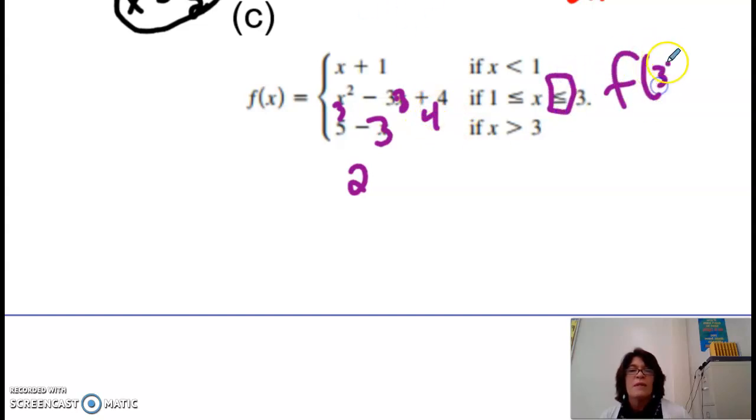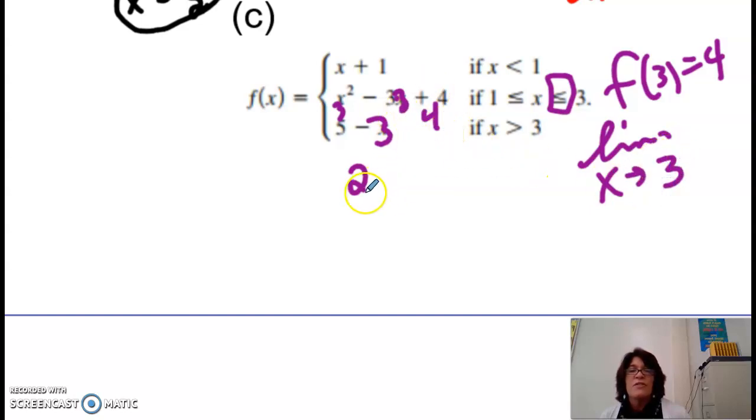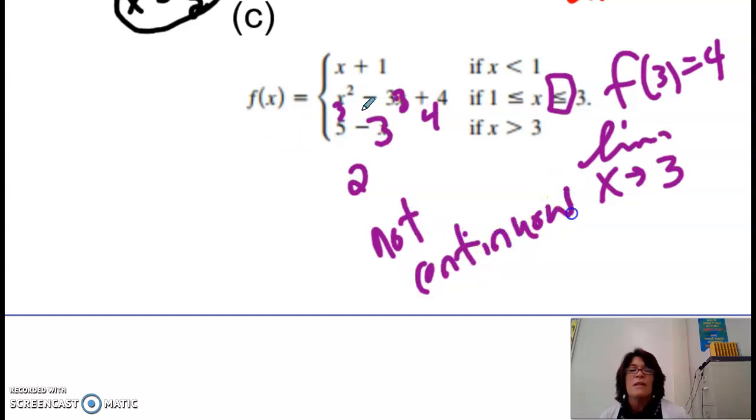But the limit as x approaches 3 is different. It's 2 on this side and 4 on that side. So this is not continuous at x equals 3, because it was defined in these two ways. Okay, see you for the next part.